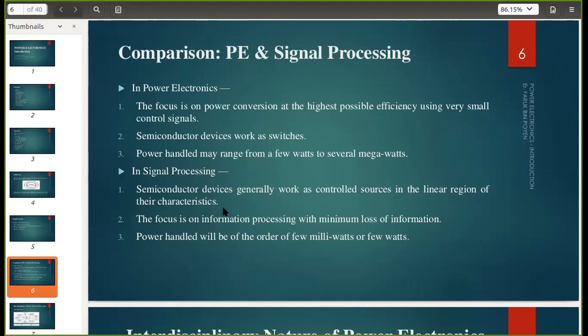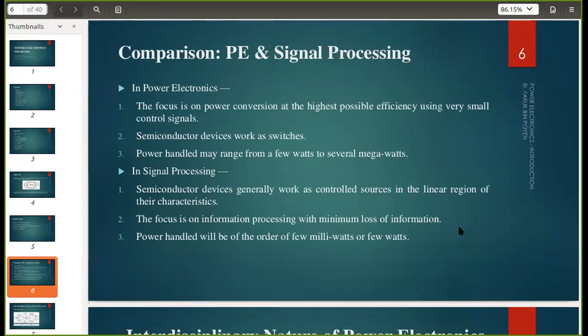The second point here is the focus is on information processing with the minimum loss of information. This is a very important point. Whenever we process any information or data, there should not be a huge loss; a minimum loss is acceptable.